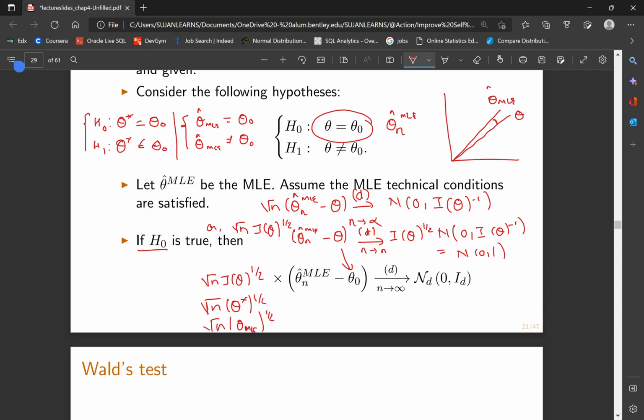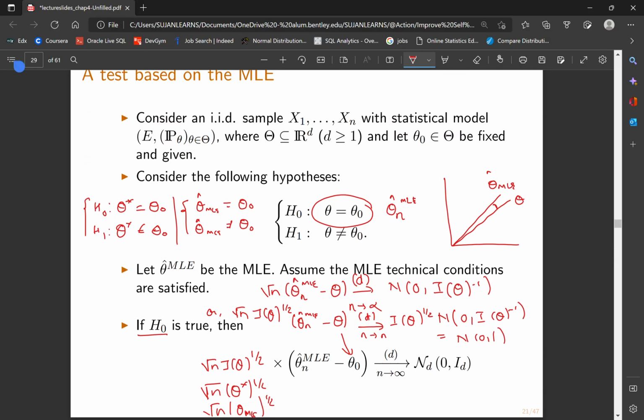Therefore, what we discussed today is we created a hypothesis test where the null hypothesis was theta is equal to theta naught, and the alternate hypothesis was theta is not equal to theta naught, provided that we have X in a sample space E with parameter P theta that belongs to the R^d dimension, and theta naught belongs to the parameter set Theta, which is fixed and given.